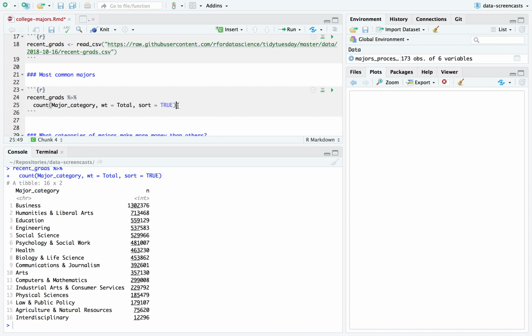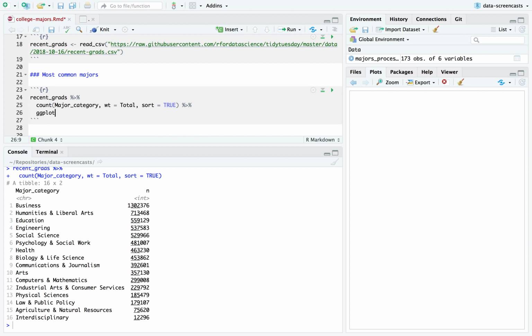All right. And now I know, what is that? 1.3 million are business majors. This is a good bar plot. This is a classic bar plot. I don't even really need to look at it as I go. I can kind of just say coord flip and throw that mutate. I always be reordering.